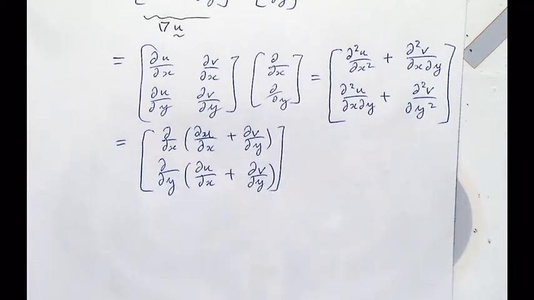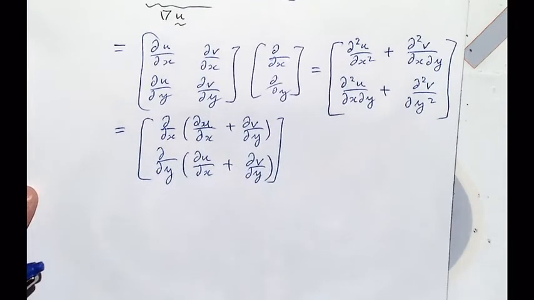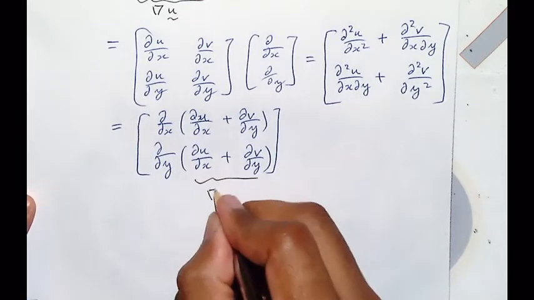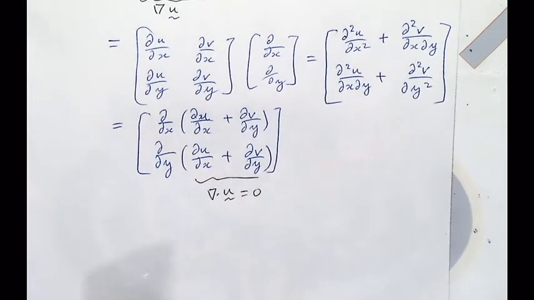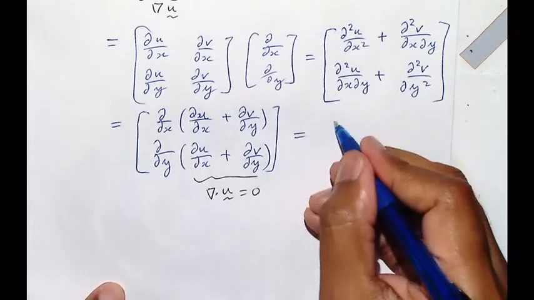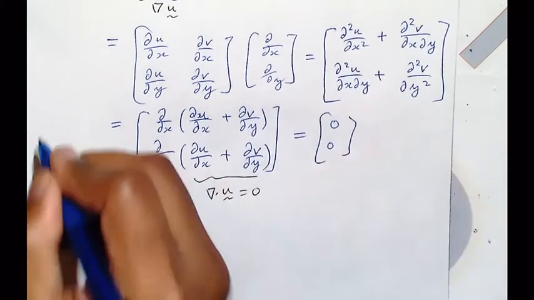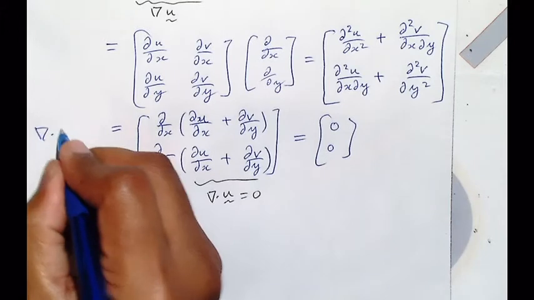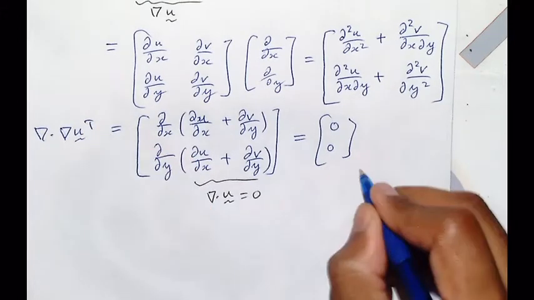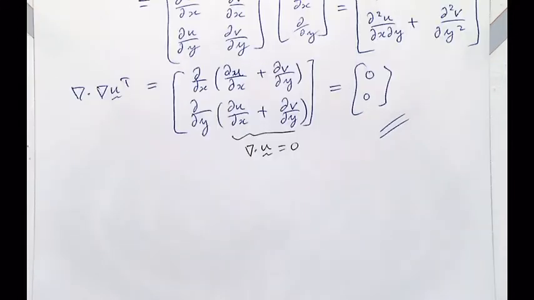Okay, and the stuff inside is just nabla dot u, which is 0. Make sense? Okay.